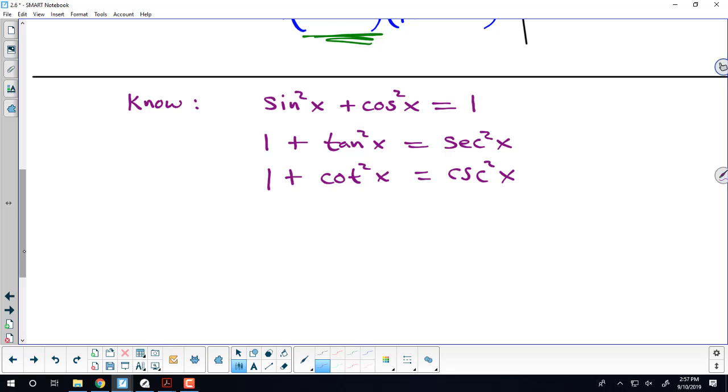In certain ways, you can re-manipulate the equation and change the way certain things are expressed. You can make almost infinitely many. You don't have to sit there and memorize that whole page of trig identities. You just have to memorize that.